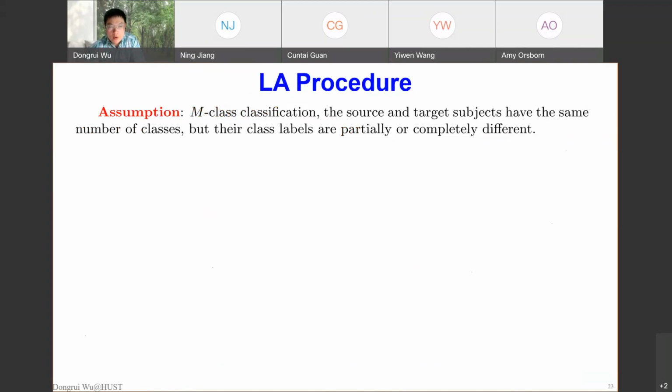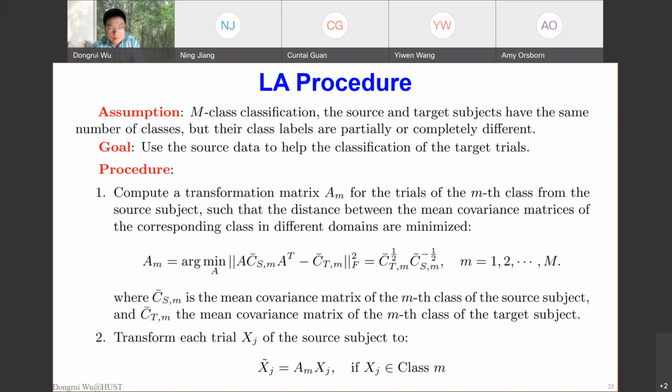For example, for motor imagery, the source subject may imagine the movement of the left and the right hand, but the target subject may imagine the movement of tongue and both feet. So their class labels are completely different. The goal here is to use the source data to help the classification of the target trials.